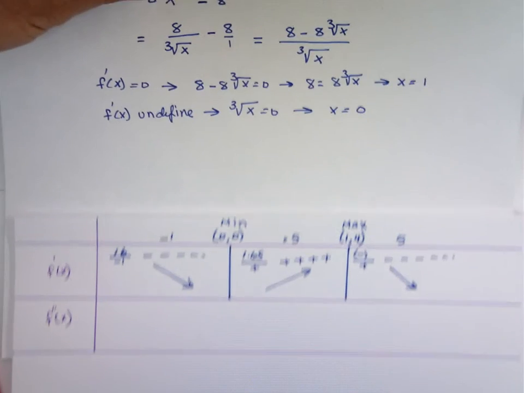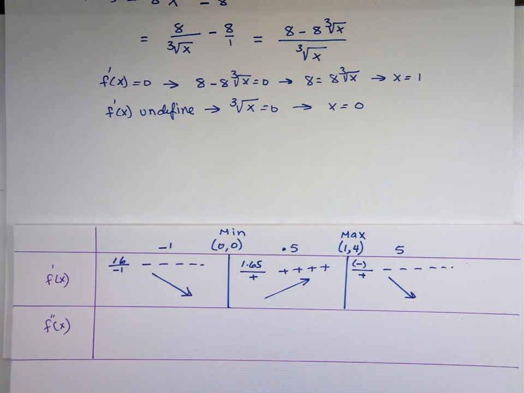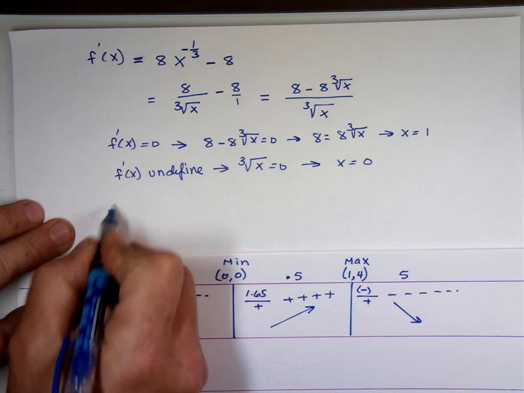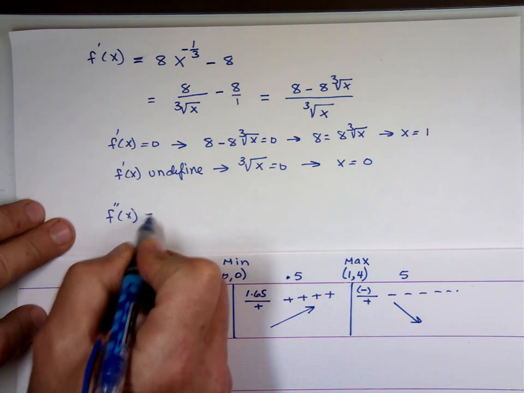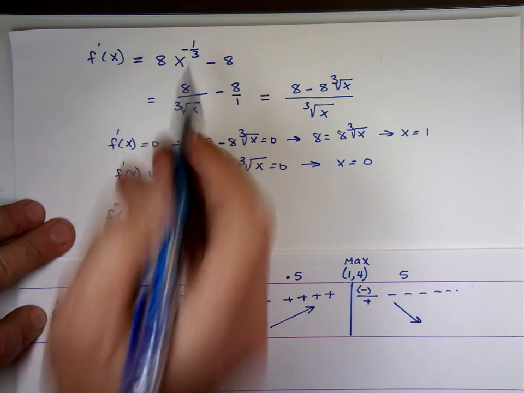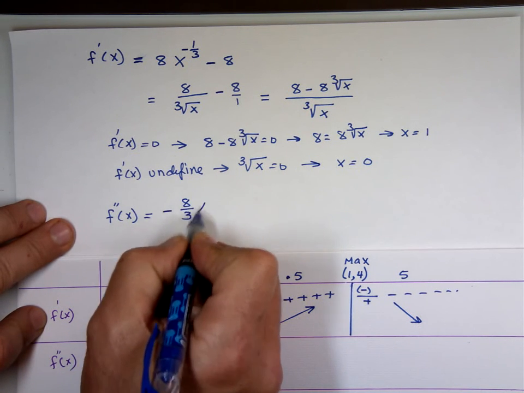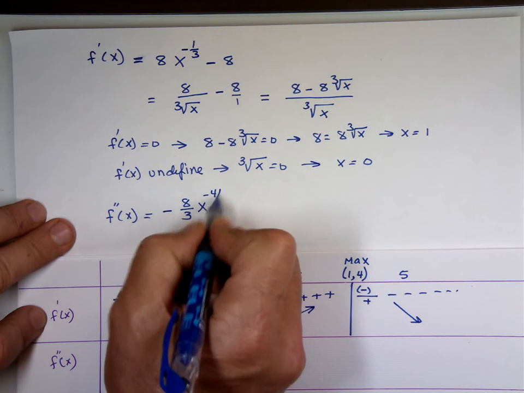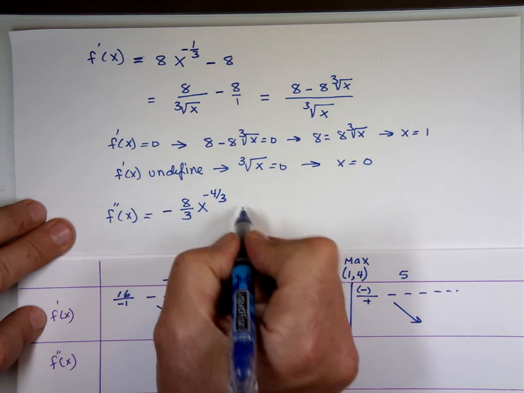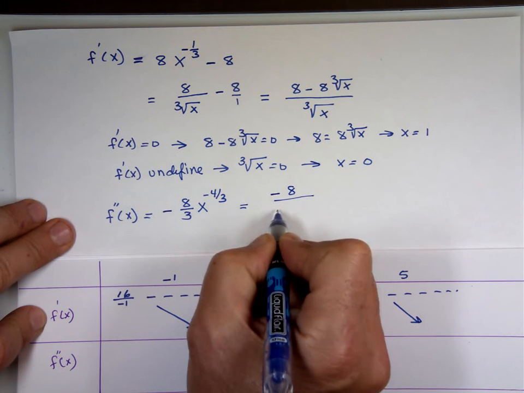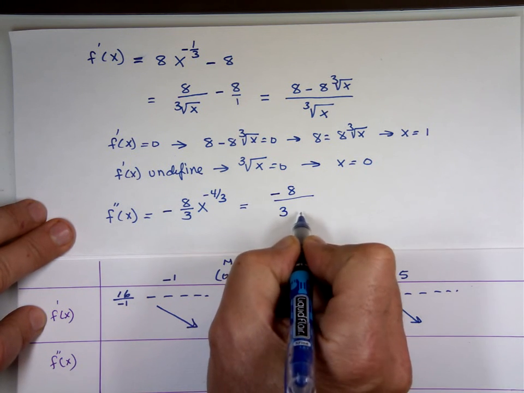Now let's do my second derivative. 8 times a negative 1/3, negative what? 8/3. X to what power? Negative 4/3, which is negative 8 over 3 times what? The cube root of x to the 4th. That's really what that is.